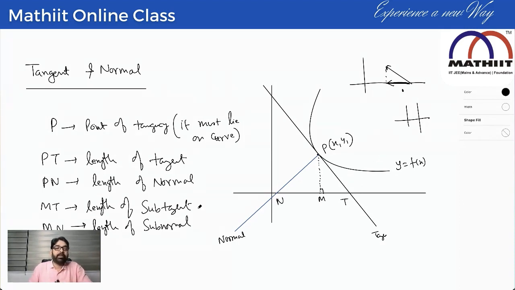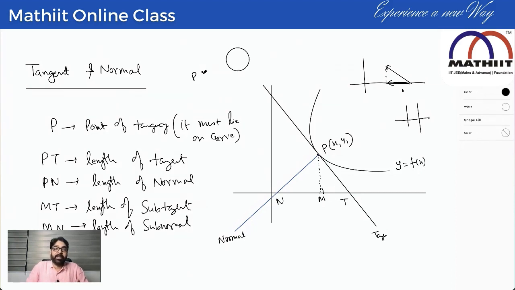This part everybody understood. This is the main part of tangent and normal. This picture should be fixed in your mind, and you should not get confused about the meaning of length of tangent and length of normal. If you studied circles in coordinate geometry, children generally used to get confused.